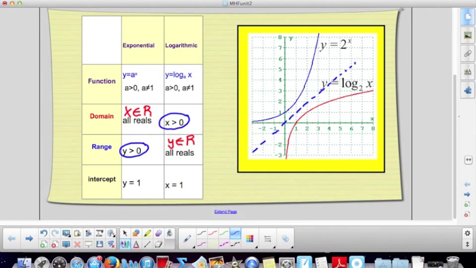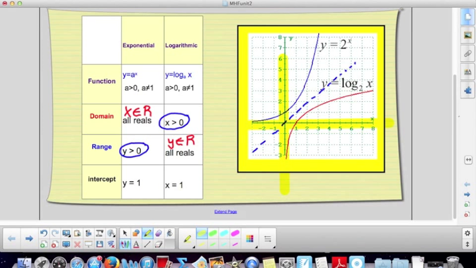Same thing for logarithmic functions. We are going to get closer and closer to the y-axis, but you're not going to actually touch the y-axis. So we're going to become closer and closer to it, but you'll never touch it. For exponential functions, you get closer and closer to the x-axis, but you're not going to actually touch it.